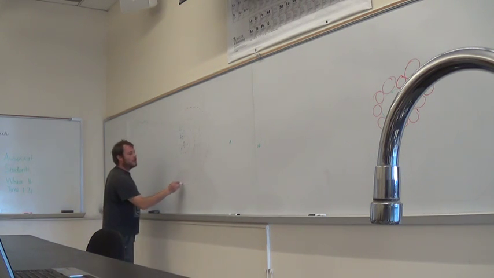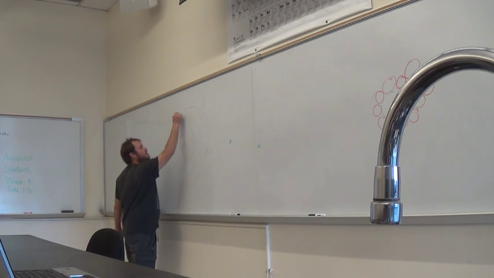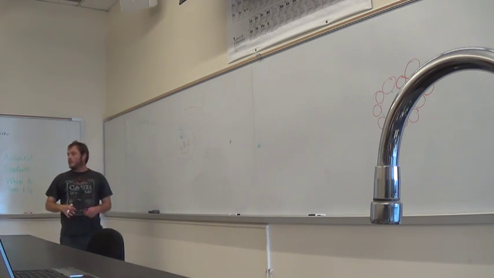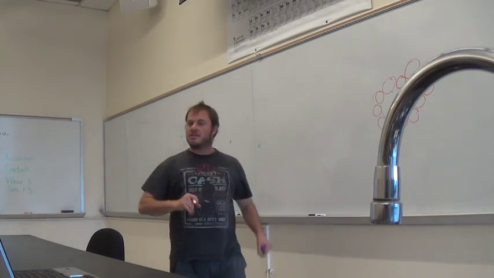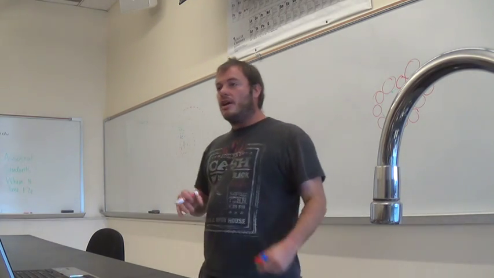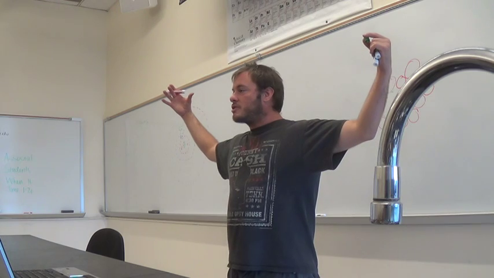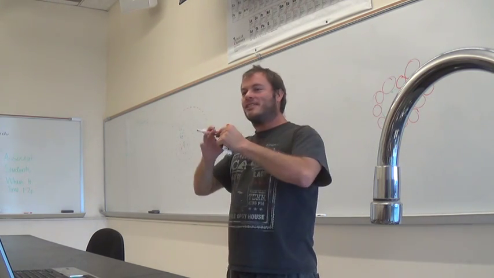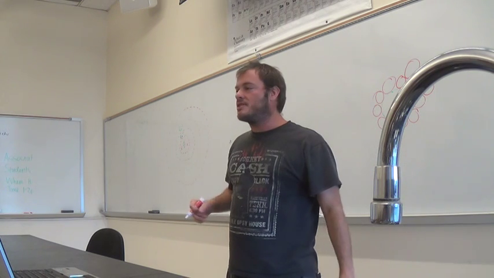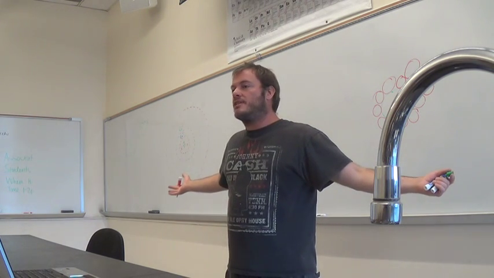Now, I want you to notice something. If you're thinking about an onion and you're looking at the concentric skins, the ones that are out towards the end of the onion, not the center, the ones that have the largest radial distance, have the largest amount of surface area, right?